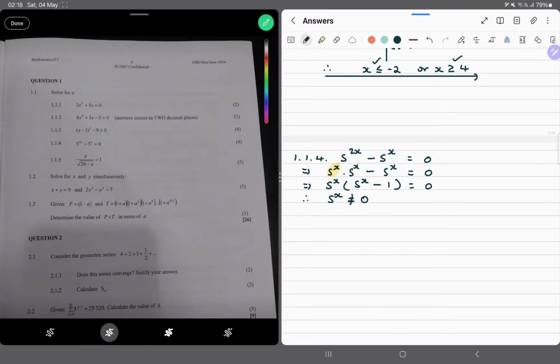Or 5 to the exponent x is equal to 1, which implies that 5 to the exponent x is 5 to the exponent 0. So using again exponential rules, we can conclude that our x must be 0. Very interesting equation right there.